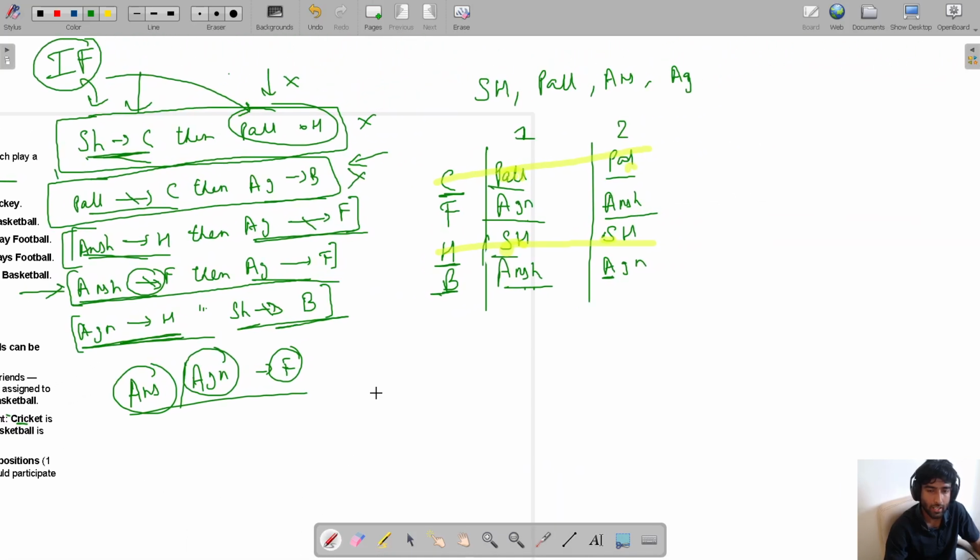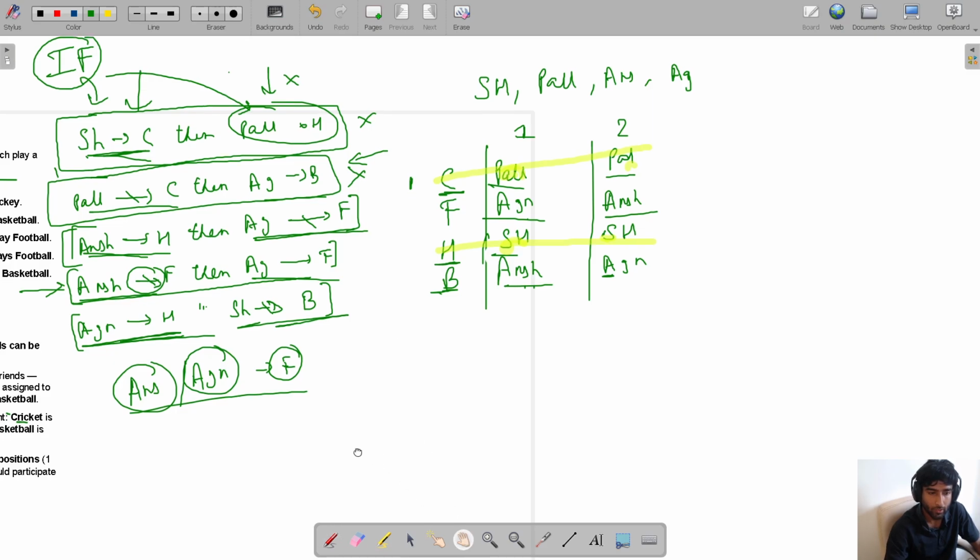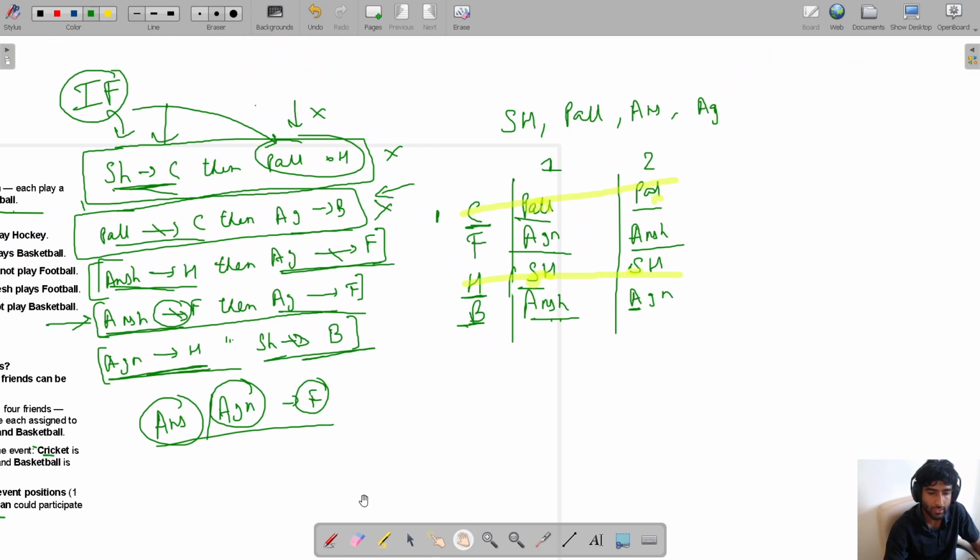So it's basically trying to tell you that cricket is the first sport which is played, football is the second, hockey is the third and basketball is the fourth. You have to check which sport Agnivesh and Anshuman play, and then the sum of the positions.